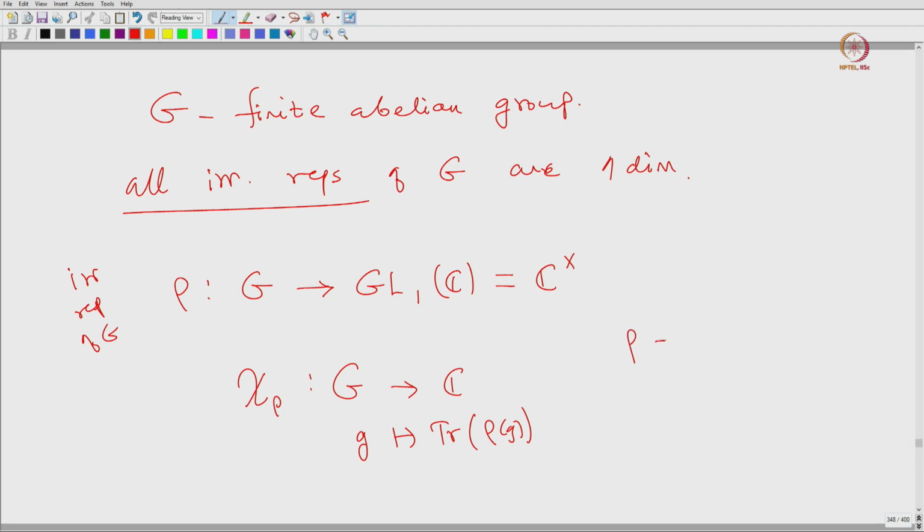With that identification, we can identify the representation itself with the character of that representation, because we are dealing with one dimensional representations. So, the irreducible characters, or irreducible representations, are exactly the group homomorphisms from G to C cross.